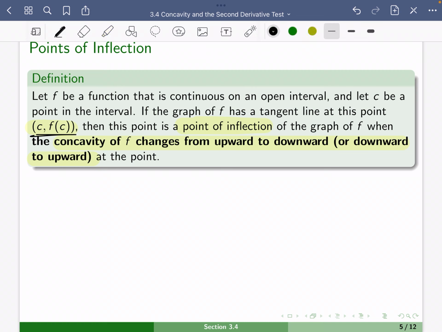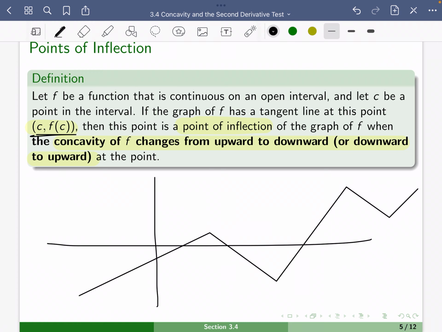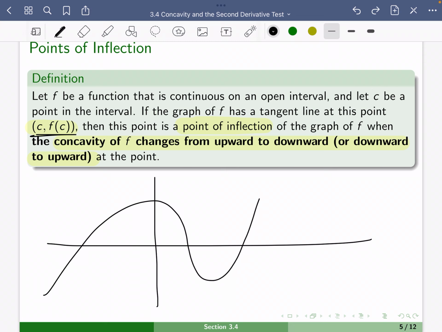So what that looks like in a graph is you might have something like this.